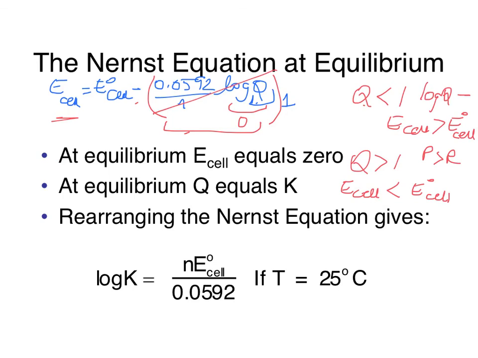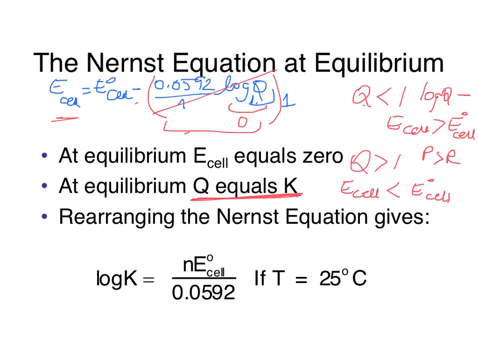At equilibrium, Q becomes equal to K, the equilibrium constant. In such an event, the redox reaction has essentially no tendency to occur in either direction, and the E cell in that case will turn out to be 0.